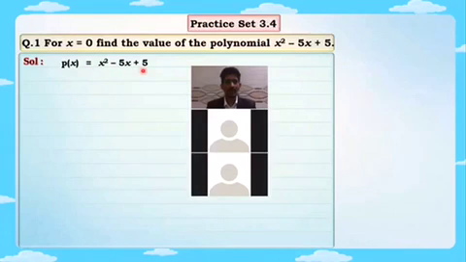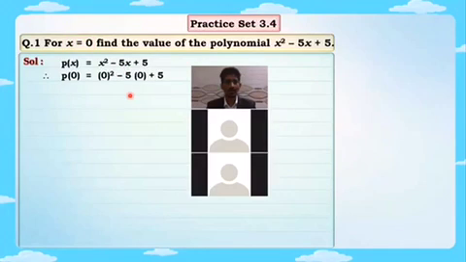Wherever you see x, in place of x, we are supposed to substitute the value of x as 0. So let's write down p of x के बदले क्या लिखेंगे 0 is equal to x square, मतलब 0 का स्क्वायर minus 5 into x. तो यहाँ पे let's write down 5 in bracket x के बदले 0 plus 5.